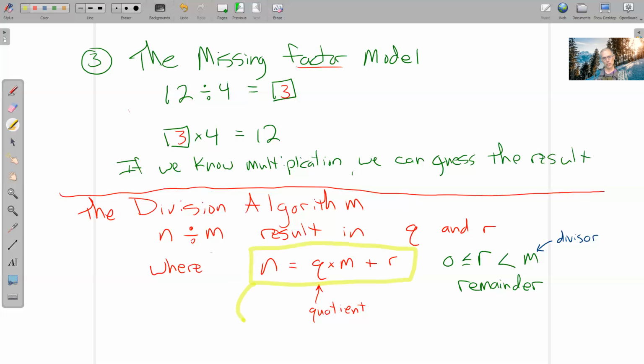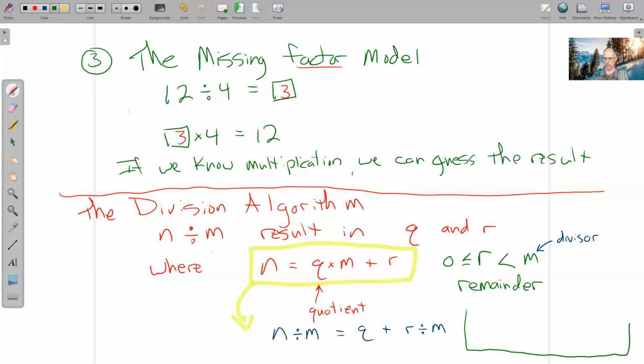Alternative version of what's in the box there, by the way, which isn't often cited: if I go back to my original n divided by m, then that's going to be equal to the quotient plus the remainder over the divisor. And we could put that in fraction form also.